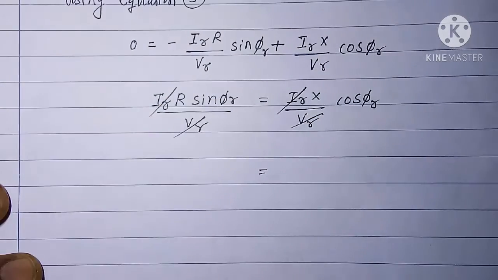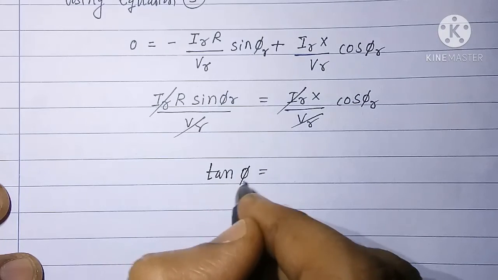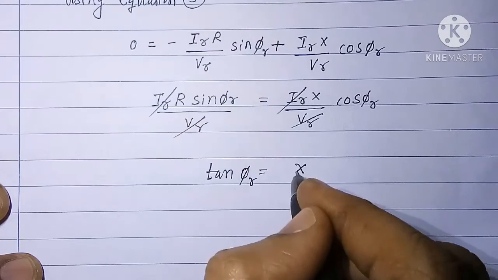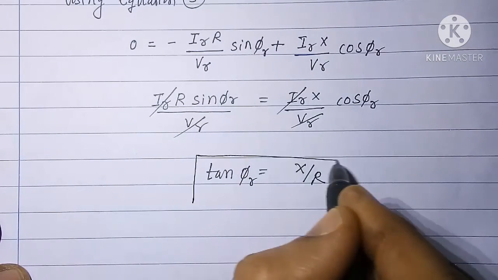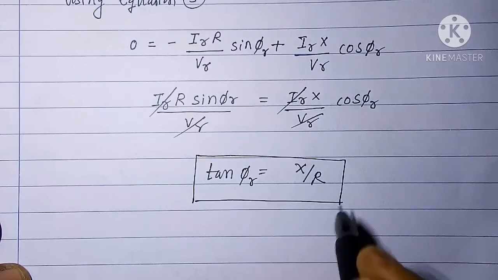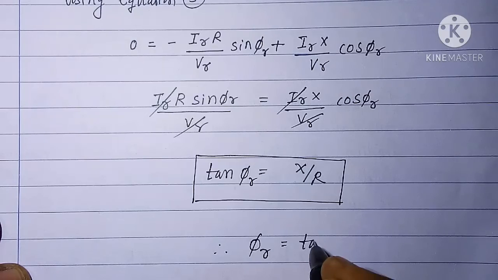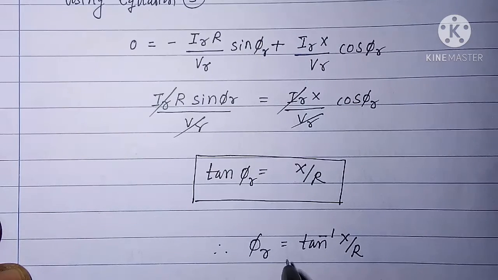IR and IR will also cancel. Tan phi r equal to X by R. Therefore, phi r is equal to tan inverse of X by R.